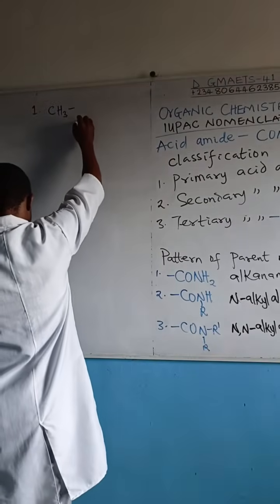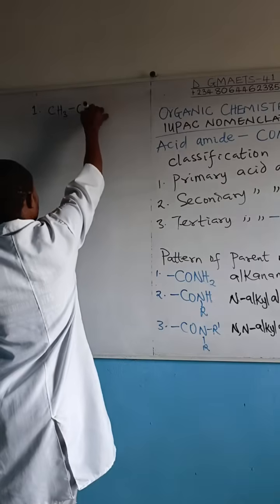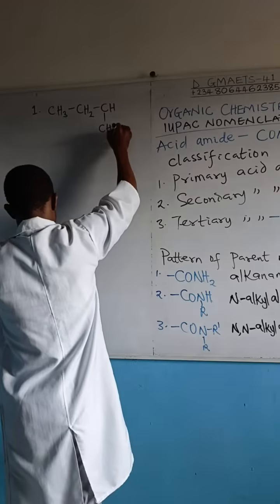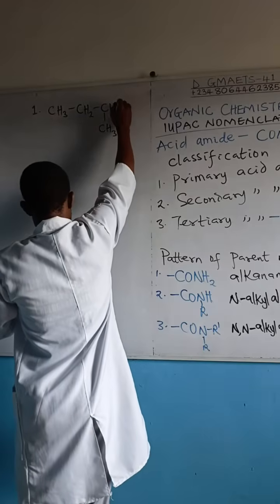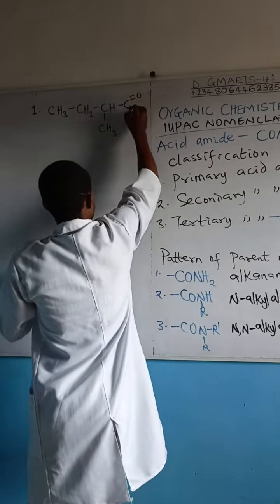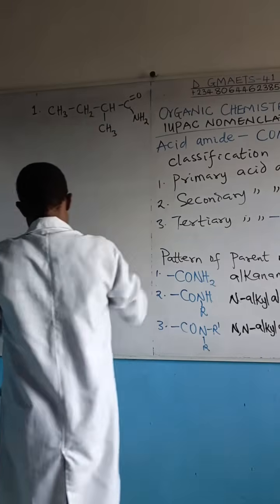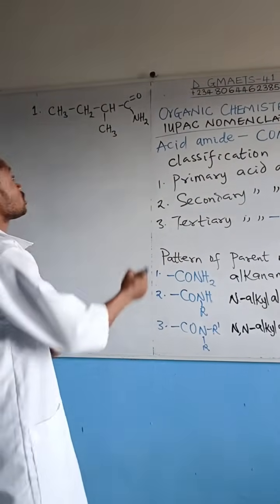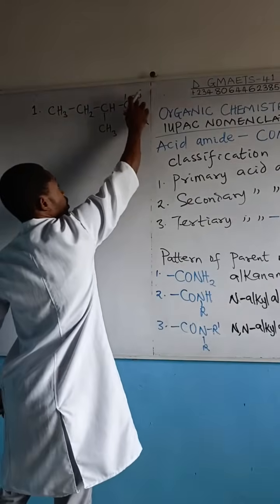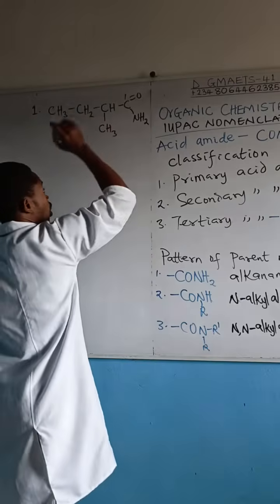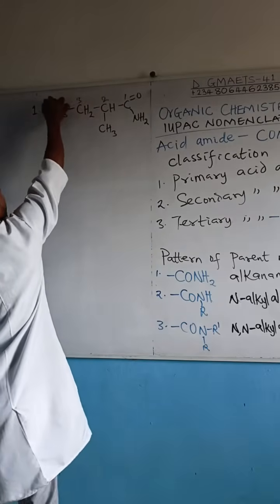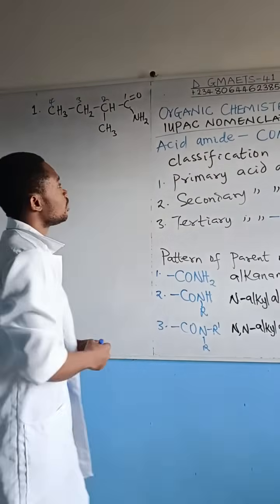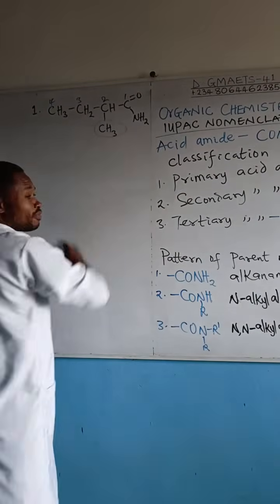CH3, CH2, CH, then we have CH3, then this. Good. Remember that this functional group is a terminal functional group, therefore the carbon of the CONH2 is number 1 always, number 2, number 3, and then number 4. Then on the second carbon atom, you have the substituent.